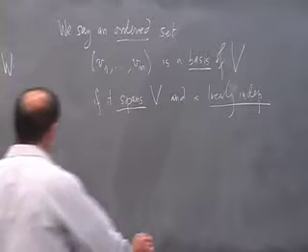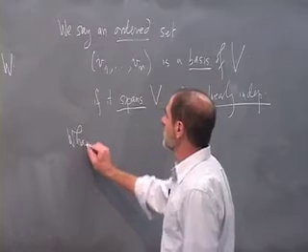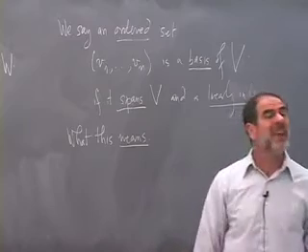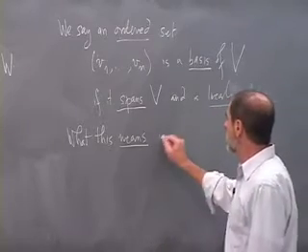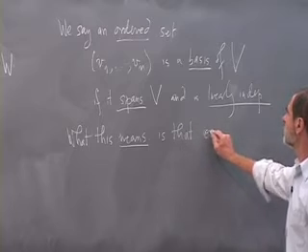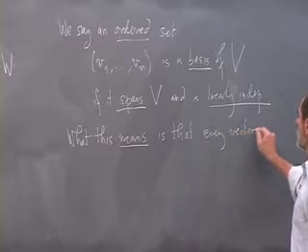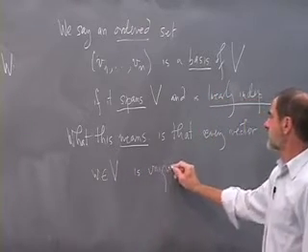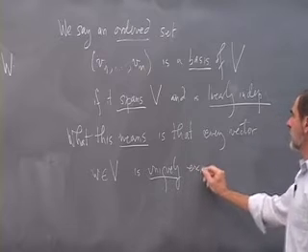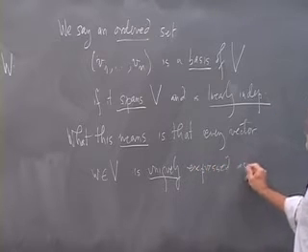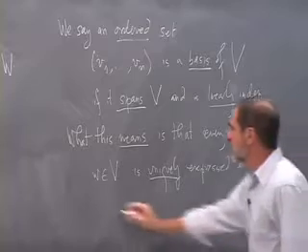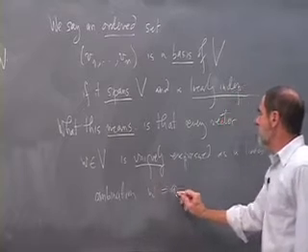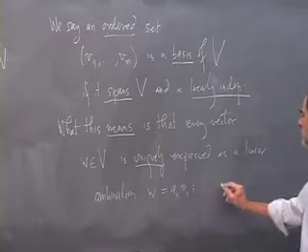What this means, sometimes it's nice to have a definition and to actually know what the definition means. What it means is that every vector w in V is uniquely expressed as a linear combination w = a1 v1 + ... + an vn.